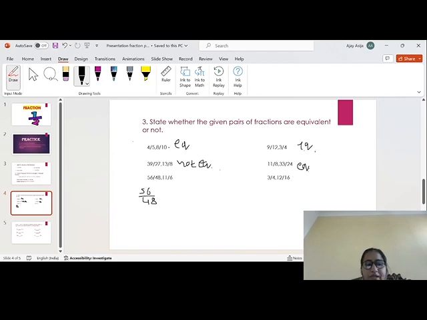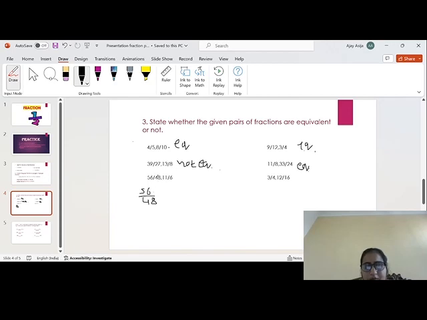Now we have to check what is the number by which, when 56 is divided, we get 11. There is not any integer with which, when 56 is divided, we get 11.